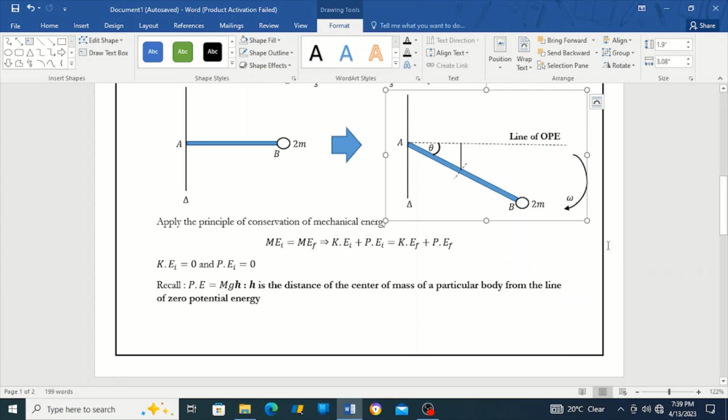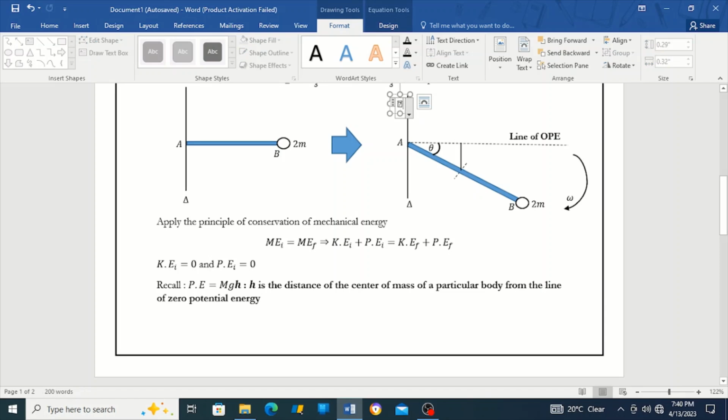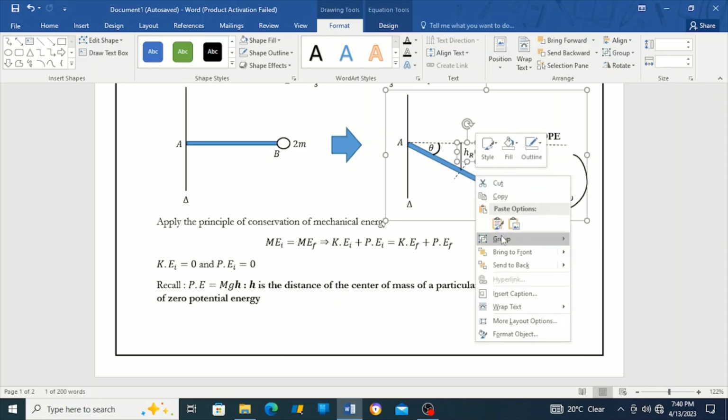The line of zero potential energy is like our x-axis, and the distance is below the x-axis, so it's going to be negative. So that distance is h arrow, the distance of the center of mass of our rod from the line of zero potential energy after the system is released and it is rotating about the vertical plane.